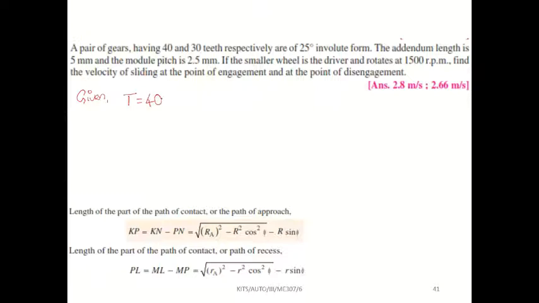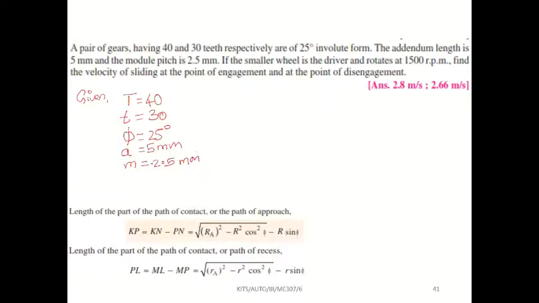Capital T mentions the wheel and small t mentions the number of teeth in the pinion. The pressure angle given is 25-degree. Addendum length, A, is 5 mm. Then module pitch is 2.5 mm.